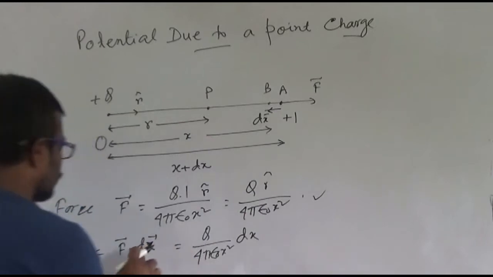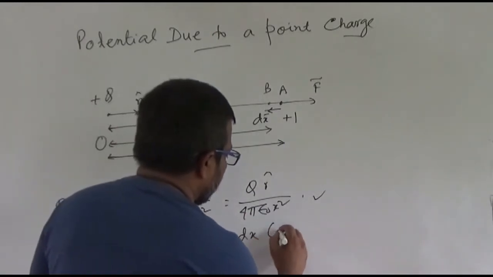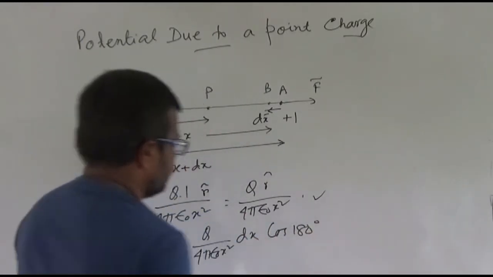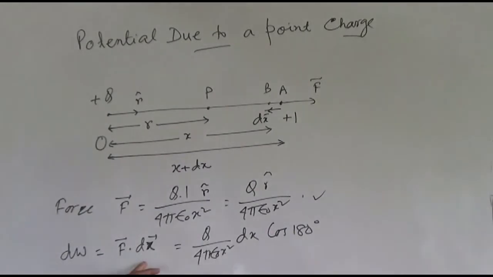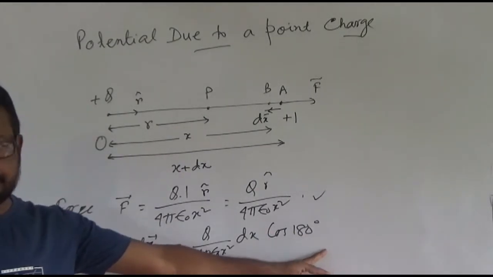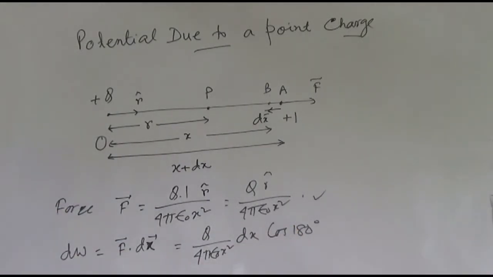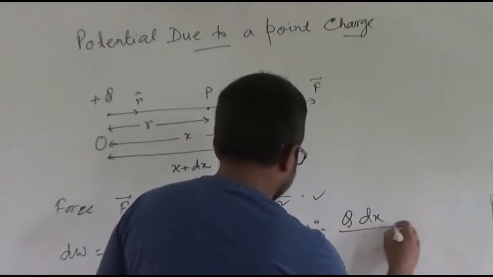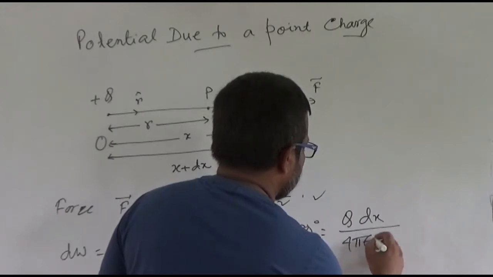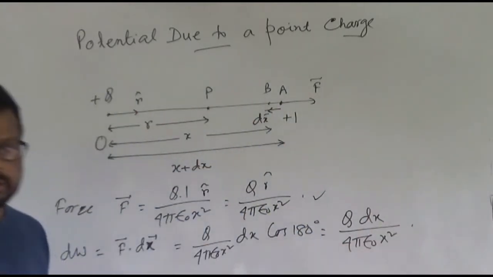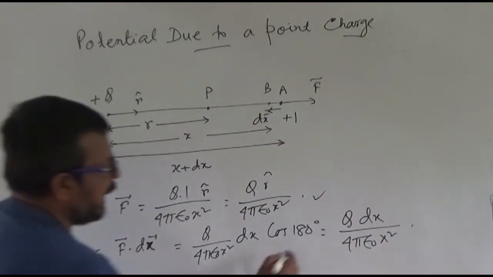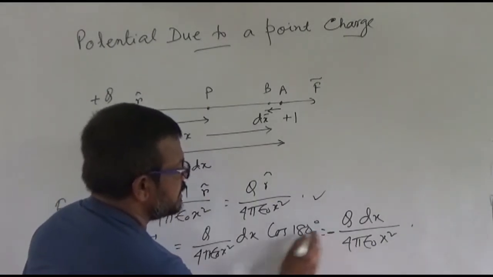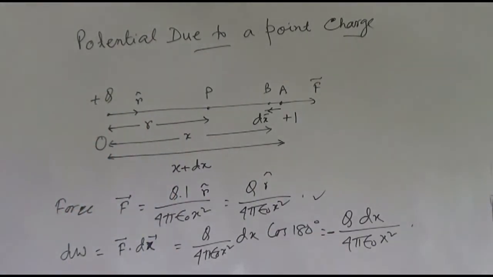Dx is the magnitude of displacement, and cos 180 degree. A dot B is AB cos theta. Theta is 180 degree. Therefore, we can write Q dx divided by 4 pi epsilon naught x square, and we put here a minus sign because cos 180 degree is equal to minus 1.